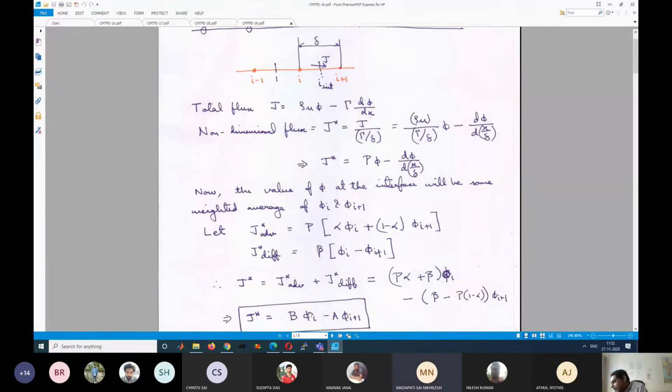Why phi I plus 1? Remember that B is always associated with the grid point which is behind the interface. Because I plus 1 is behind the interface, we write B into phi I plus 1 minus A into phi I. Is it clear to everyone?